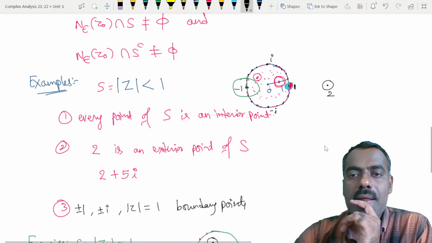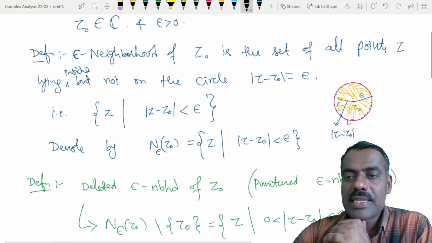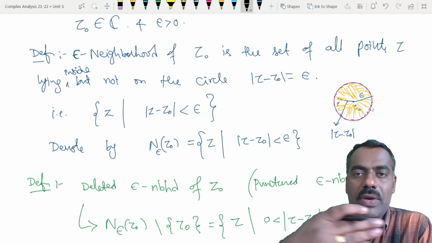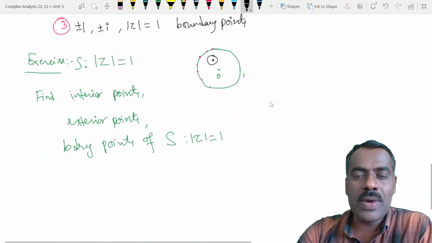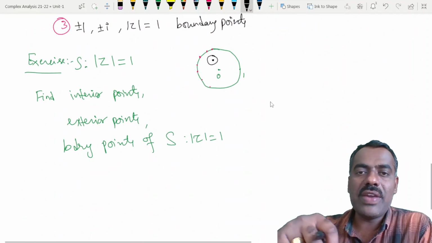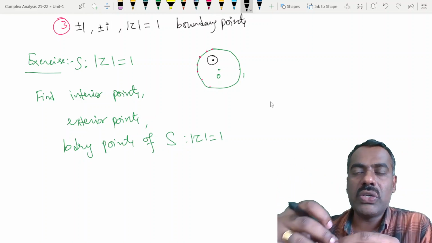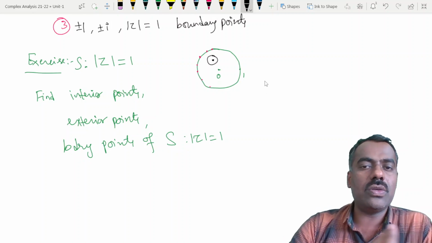See, this one is just like you take a paper and cut it round, and whatever is inside is still paper. Whereas mod Z equal to 1 is just like you take a thread and attach the end points. Then whatever you see is mod Z is equal to 1, right?